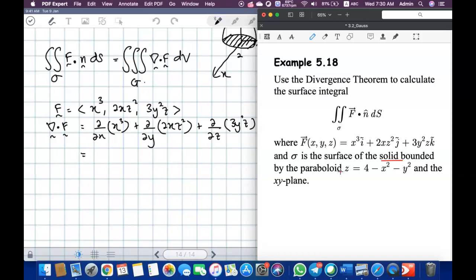Okay, and we get 3x squared plus 0 plus 3y squared.